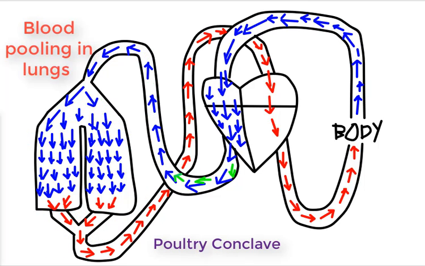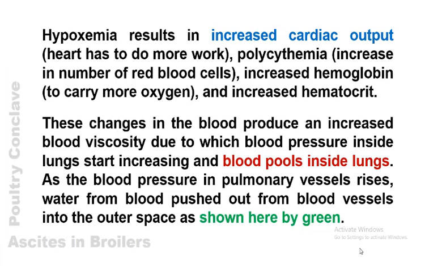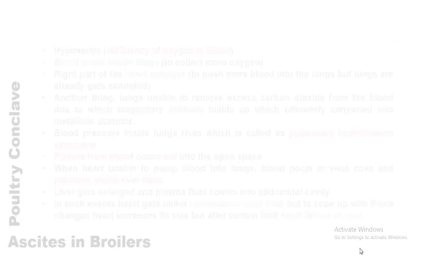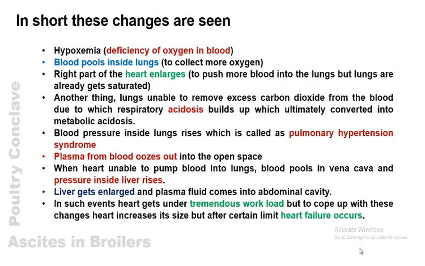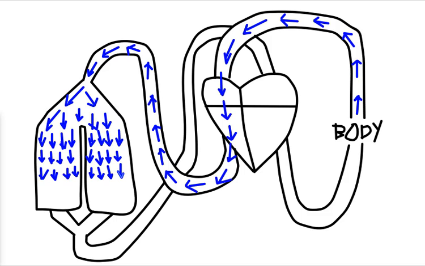In short, we can understand it like this. The bird starts feeling deficiency of oxygen, and physiology of birds changes. As a compensatory mechanism, the bird changes many of its body parameters, like it increases the number of red blood cells to increase oxygen carrying capacity of the blood, but this increases blood viscosity. In short, these changes are seen as hypoxemia, deficiency of oxygen in the blood. Blood pools inside the lungs to collect more oxygen.